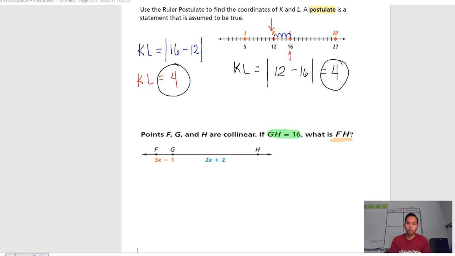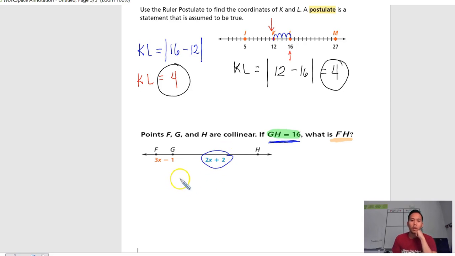So we are going to solve for FH. Step one, we have to find the value of x using GH, because we have the value of GH, which is 16, and it says here in the graph that GH can also be represented as 2x plus 2.